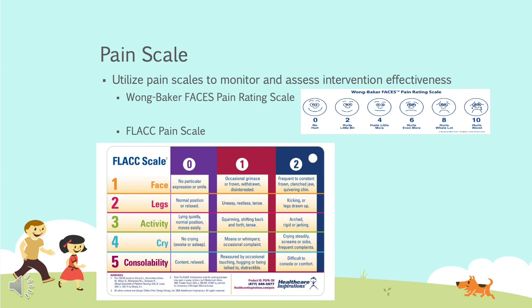There's an occasional grimace, frown, withdrawn, or distressed in 1, so they'll get a score of 1. And then 2, which would be even worse, that it's frequent frowning, clenched jaw, quivering. So those are all stronger signs that there's pain going on, so they would get a higher score. So the higher the score, the more pain. It's just a different way to assess and reassess children.